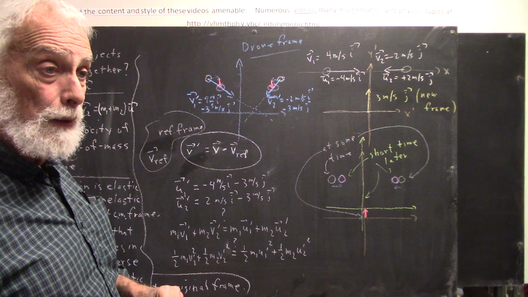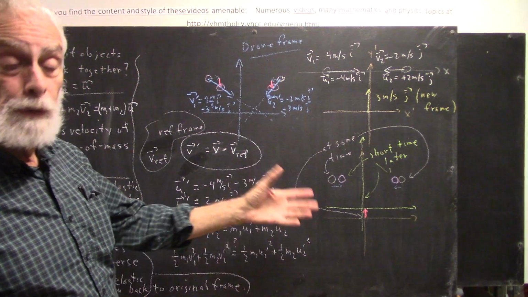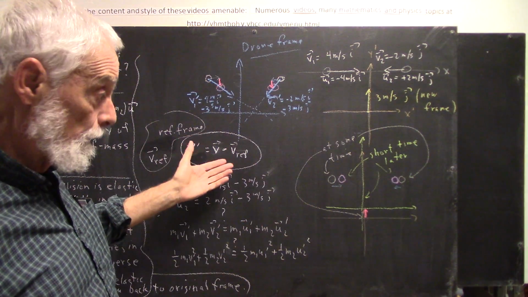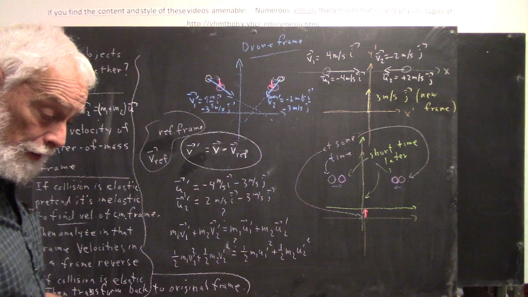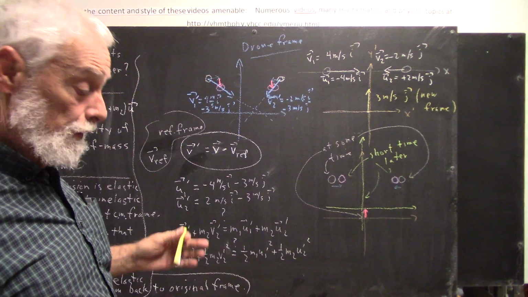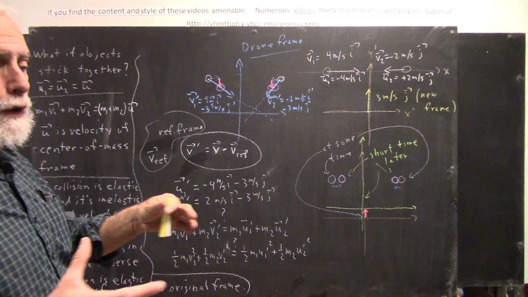That's going to conserve momentum, it's going to conserve kinetic energy. And then if you want to get back into your original frame, just go back into your original frame. Just think through how that would work. I'm not going to go through the details, but I will tell you how to get the center of mass frame, the velocity of the center of mass frame relative to our original frame.